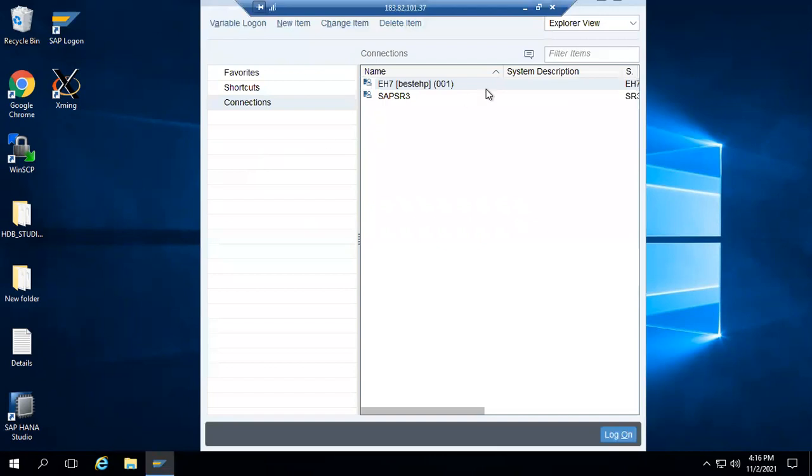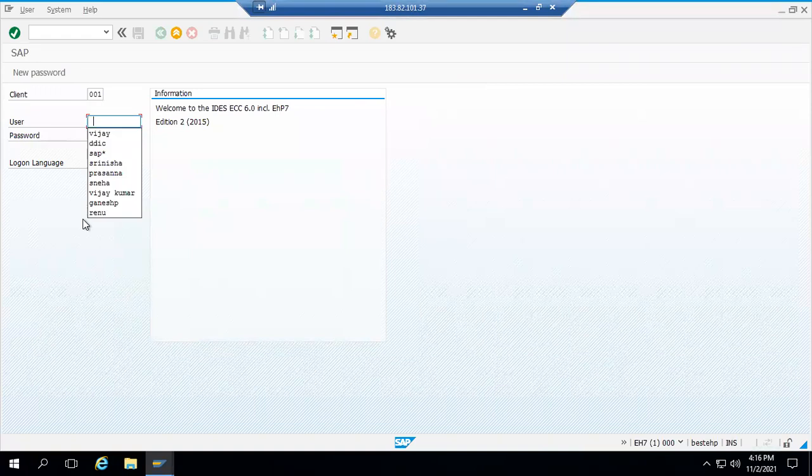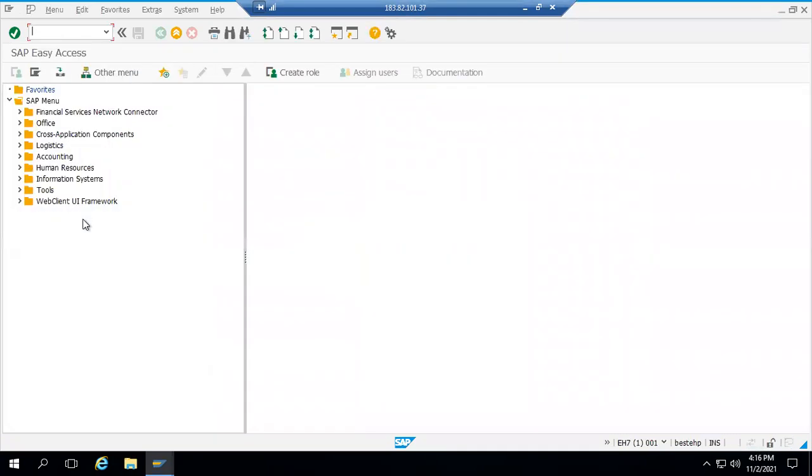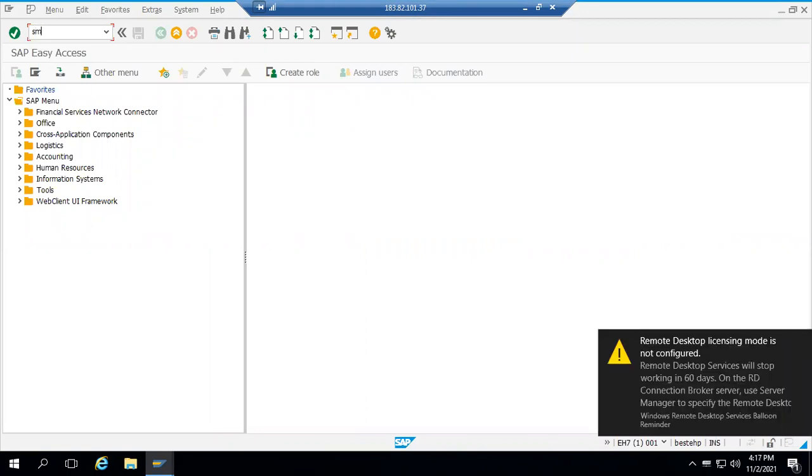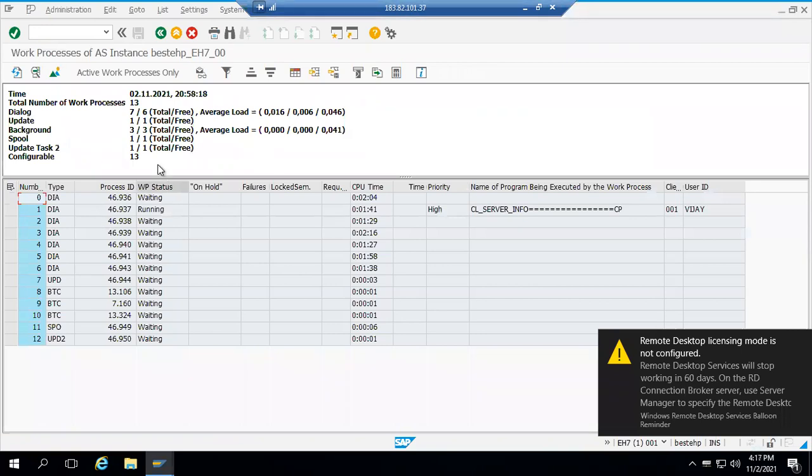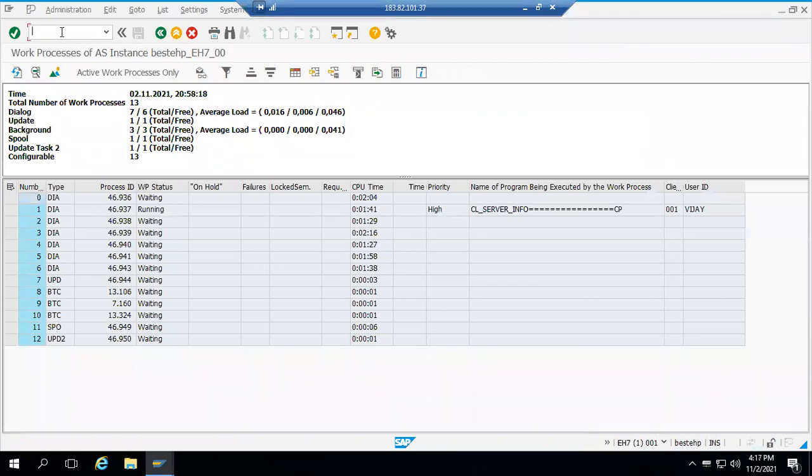And where can we see the NQ process? We can see it in the SMMS T code.